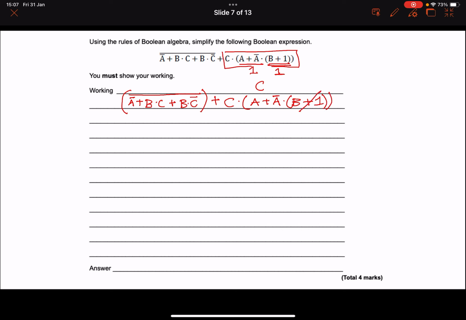So maybe put a cross and say a 1, and then a cross and say a 1, and as we go down, I would put the C just separately here.